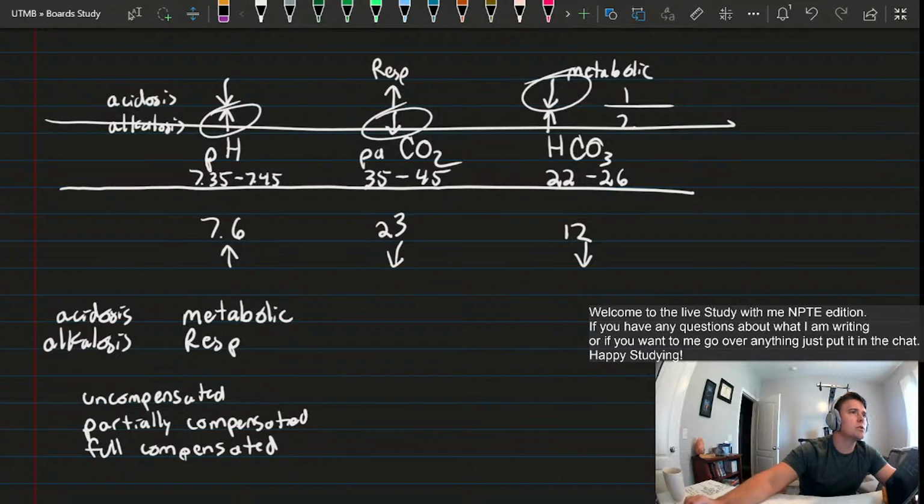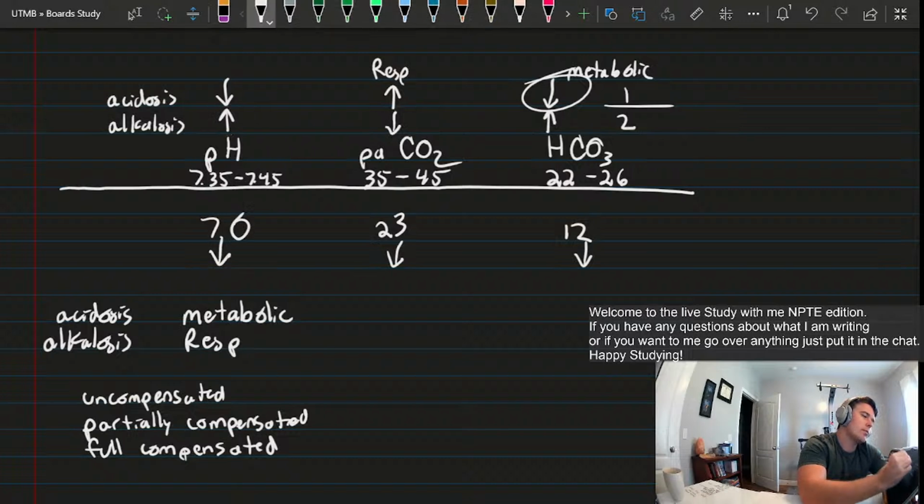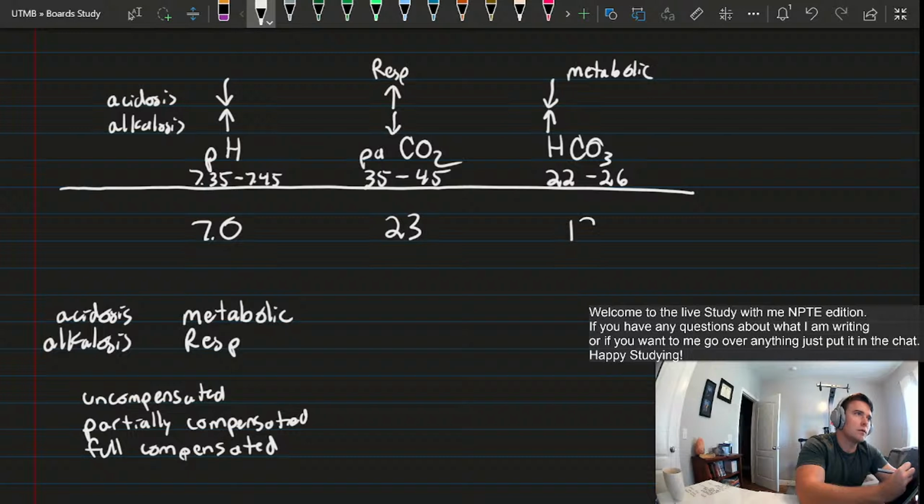Let's see, question 2. This is a different question. Sorry, it's 7.0, which is low. Okay, so let's do this again. So 7.0, 23, and 12.